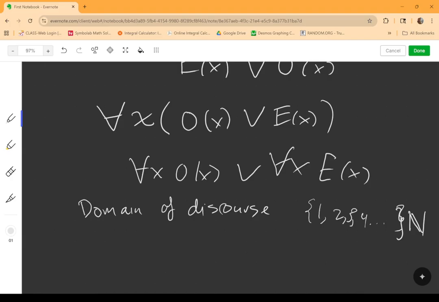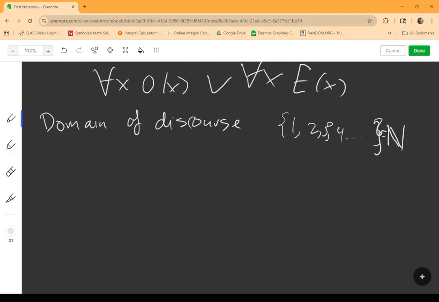So our goal here is to start off trying to translate statements from informal language into logic, and that is going to come in the form of two types of statements. One is for all x, P(x) implies Q(x).